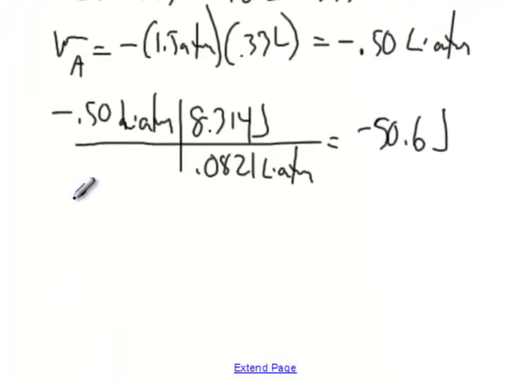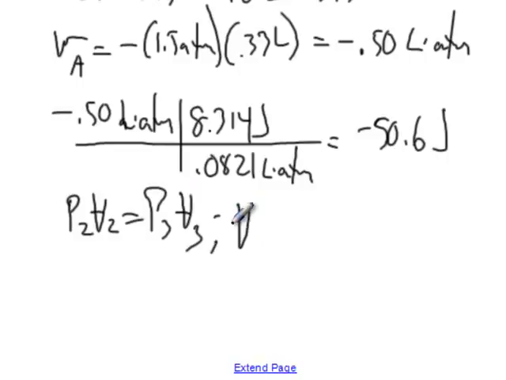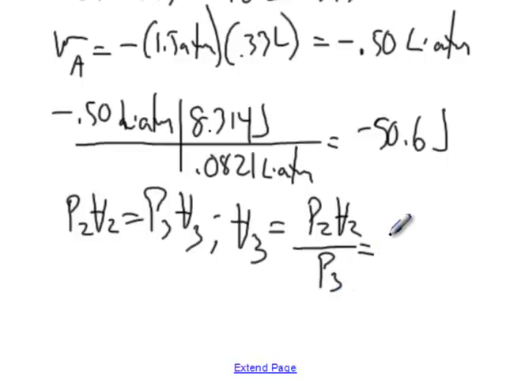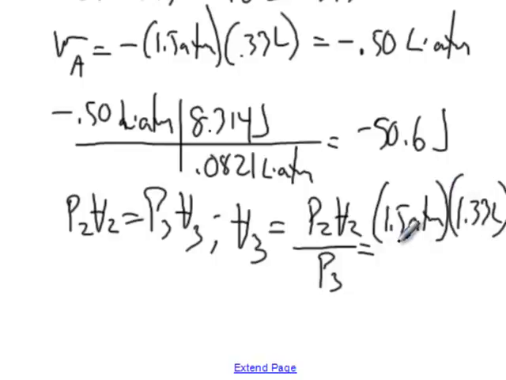So once again, Boyle's law holds, which says, in this case, P2V2 is P3V3. So that means volume at 3 is going to be P2V2 divided by pressure at 3. Our second pressure was 1.5 atmospheres, and the volume there was 1.33 liters. We found that just a little bit ago. Pressure 3 is 1.0 atmospheres, the final drop.